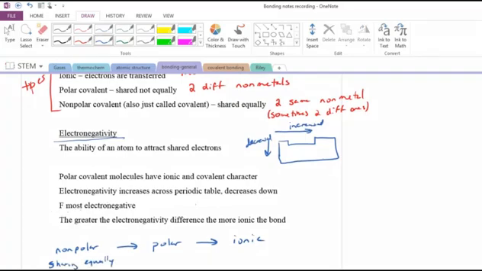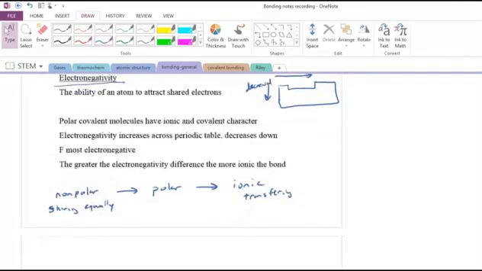Sharing equally to transferring, and it's a continuum in between. So a polar covalent molecule is in between. It has some ionic and some covalent character. And the greater the electronegativity difference, the more ionic the bond.